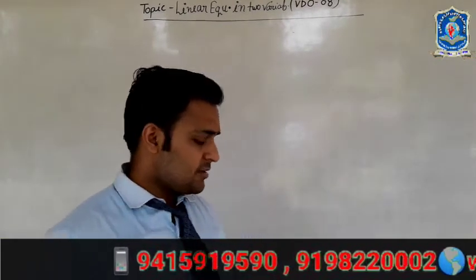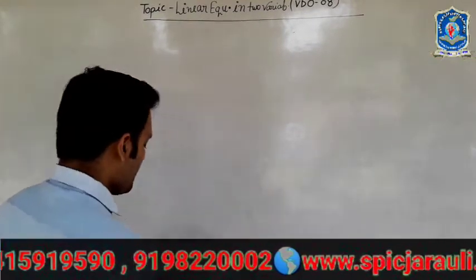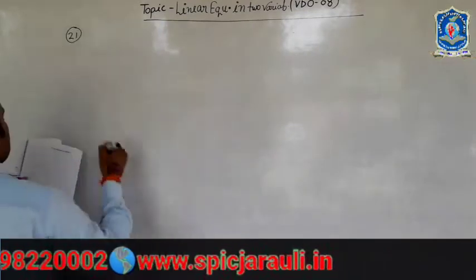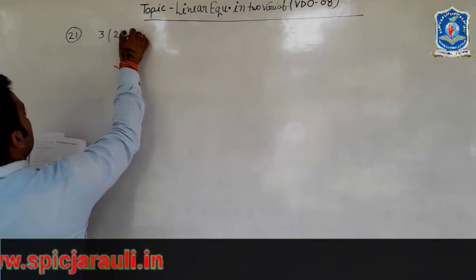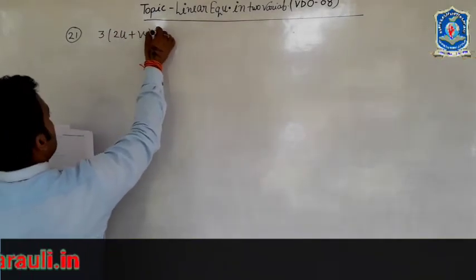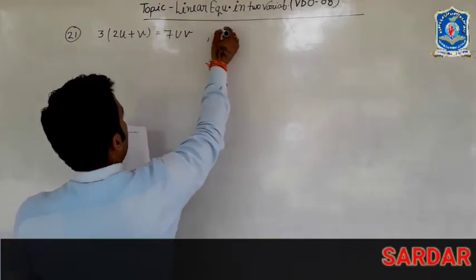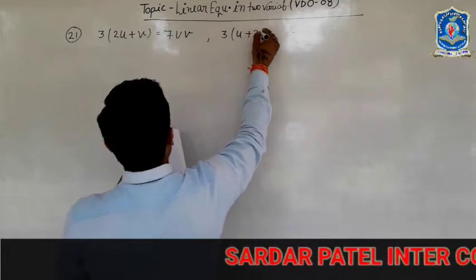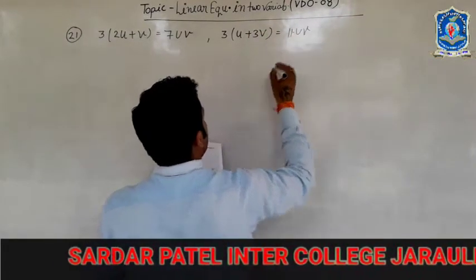Okay, dear students, let's start with question number 21. The question is 3(2u + v) = 7uv, and 3(u + 3v) = 11uv.